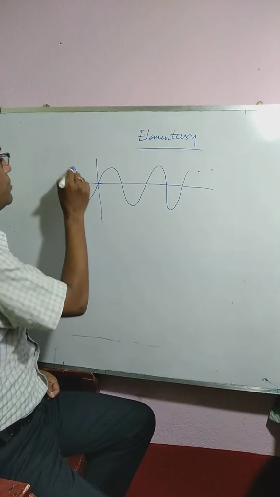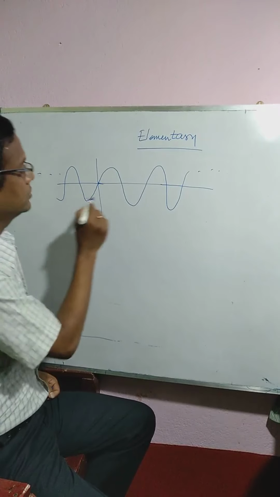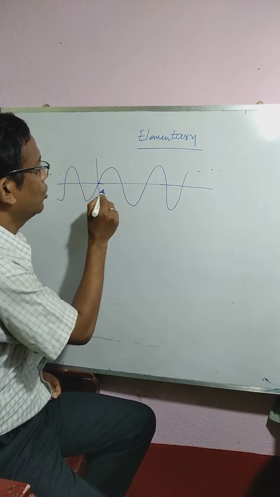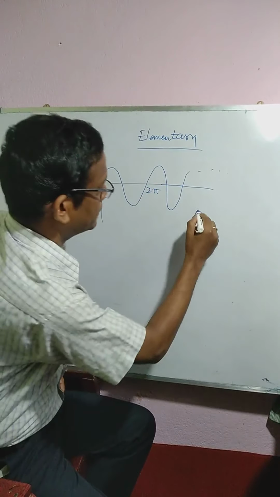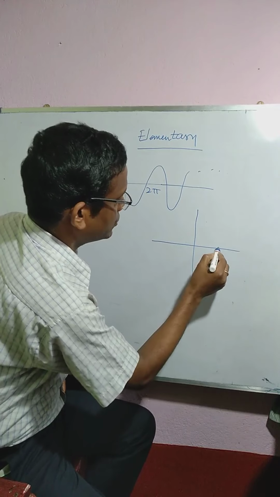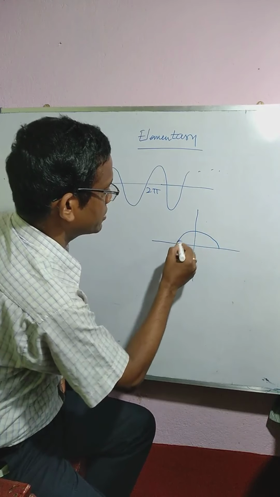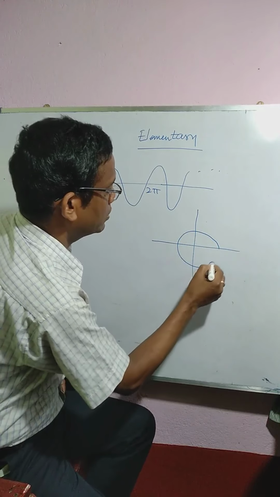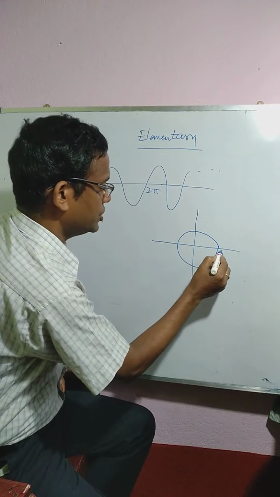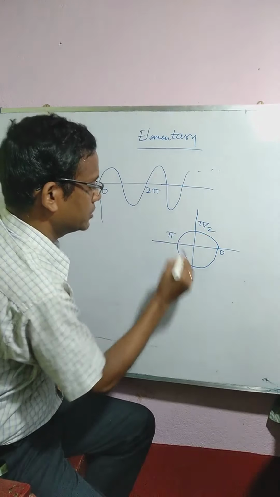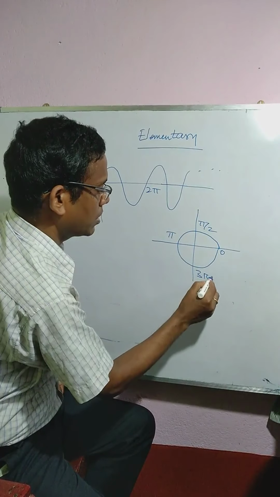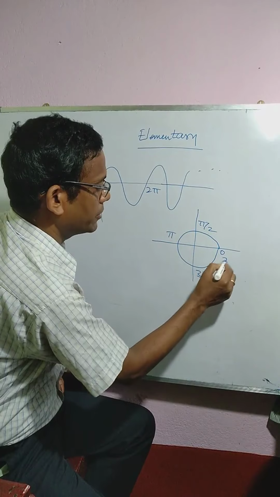It is obviously periodic in nature and has a time period of 2 pi. That means after 2 pi radian, it will repeat its action. This is 0, this is pi by 2, this is pi, this is 3 pi by 2, and this is 2 pi.